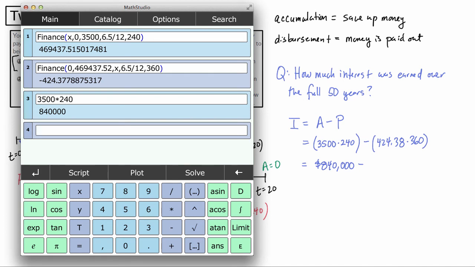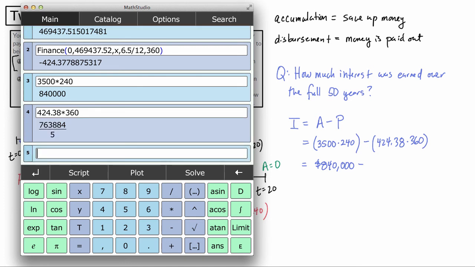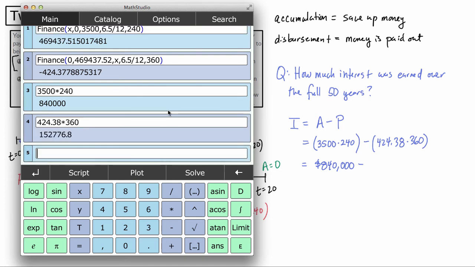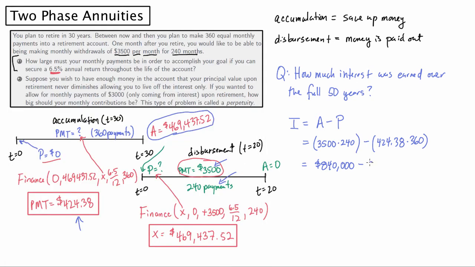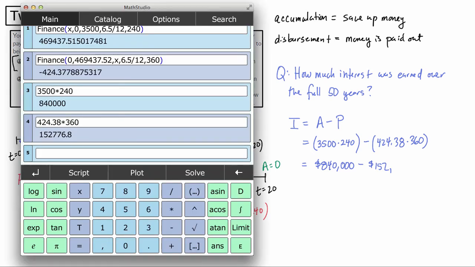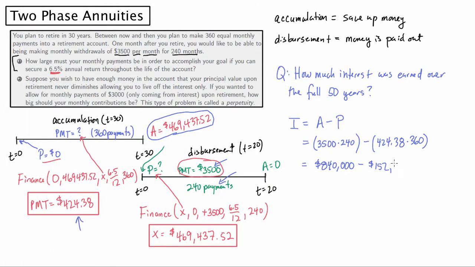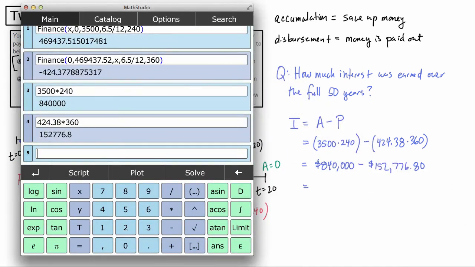And we only put in $424.38 times 360, or $152,776.80. And so the difference between those two would be the interest.